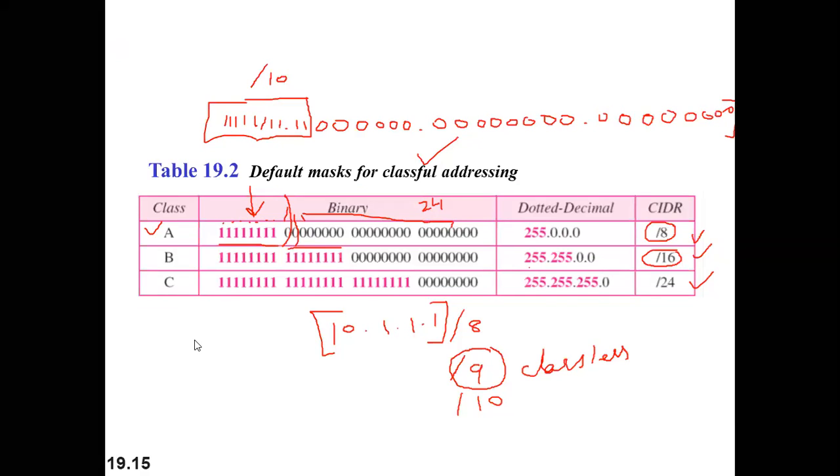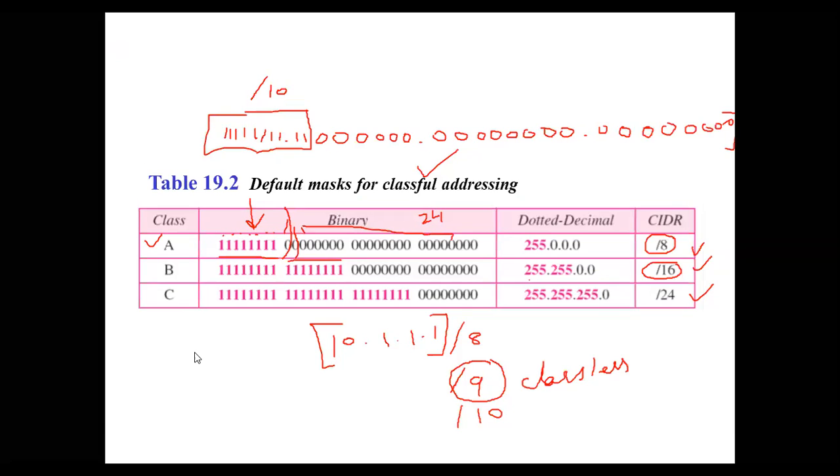Yes, sir, clear. So please remember that the CIDR value means the number of bits that we are going to consume for network address, right? Any doubt for CIDR?